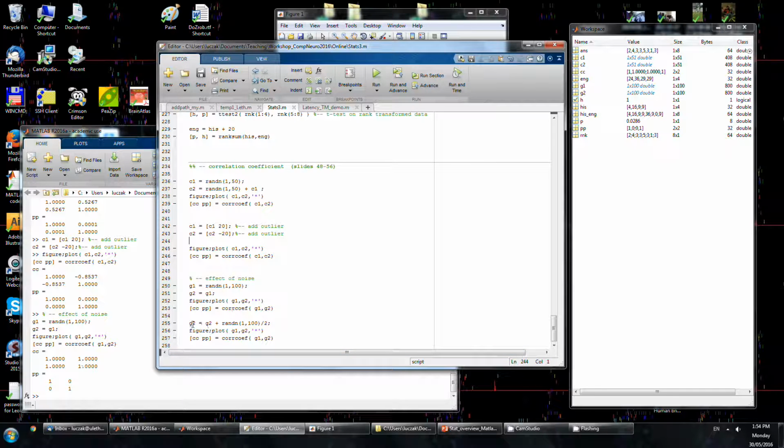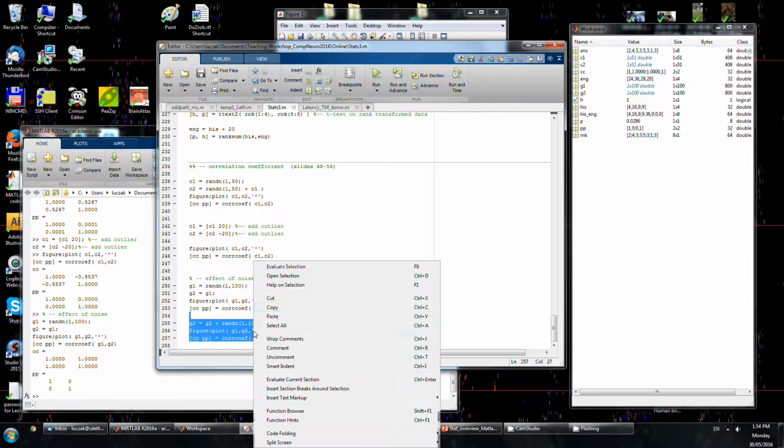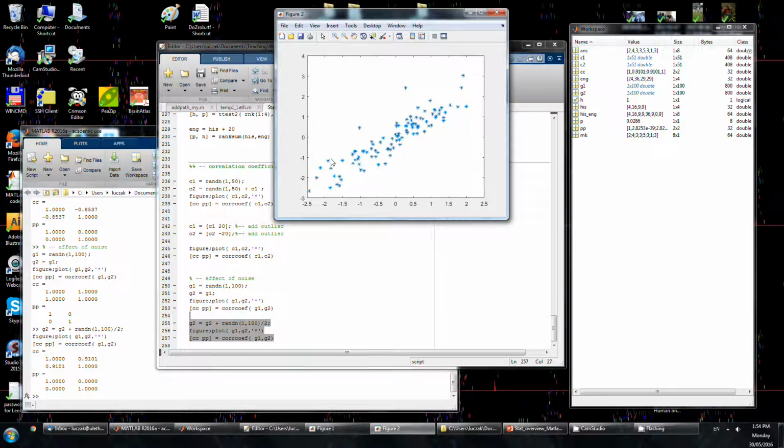But if I add some little noise to the second variable, then even though those variables were perfectly correlated, if my measurement method is not perfect and adds some noise, the measured correlation will be smaller. So here the correlation is 0.9.